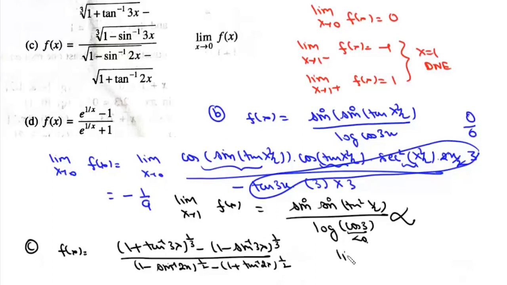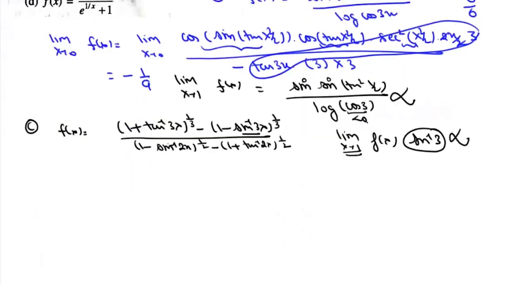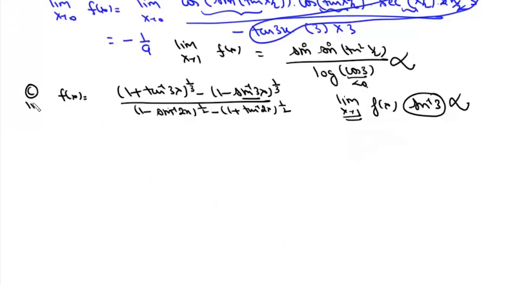Now we look at this limit x tends to 1 f(x). In that case, we'll have this sine inverse 3, and sine inverse 3 is not defined. So this limit x tends to 1 doesn't make sense in case of this function. The only limit we have to calculate in this case is this limit x tends to 0 f(x).